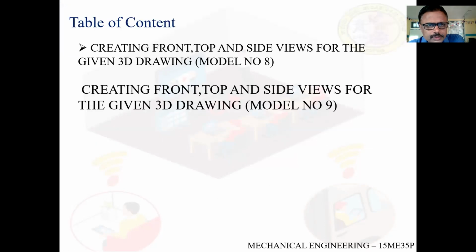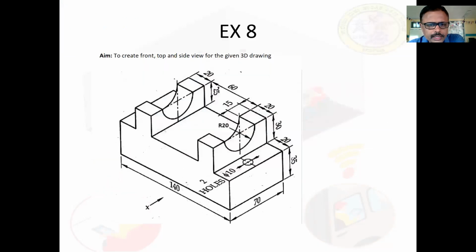So in this session, we are going to create the front, top and side views for the given 3D drawings from the given exercises. So we are discussing model number 8 and model number 9 from your syllabus. So let us start with model number 8, that is exercise number 8.